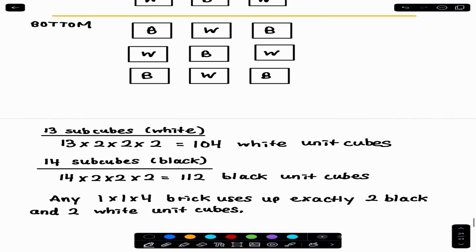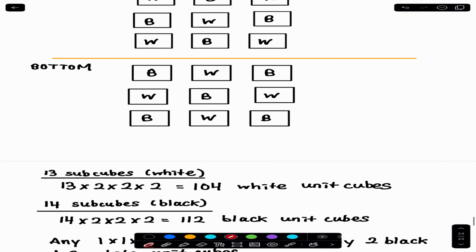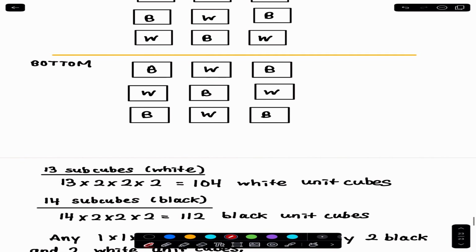If you're struggling to see this, remember, each subcube is measured 2 by 2 by 2, so that would be 2 units in this direction, 2 units in this direction, and 2 units back, even though you can't see the back.